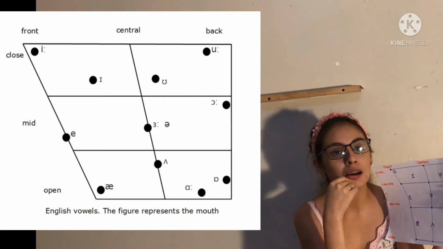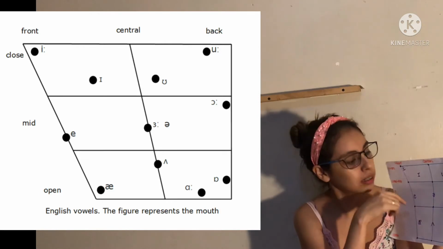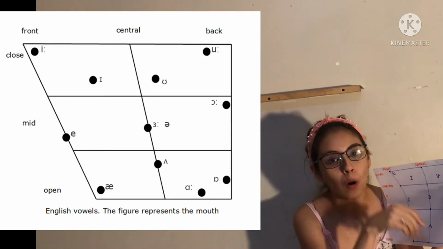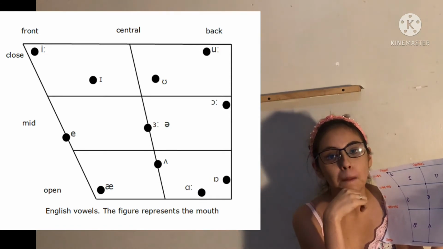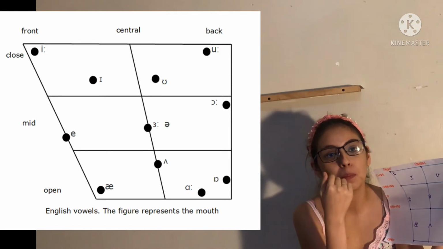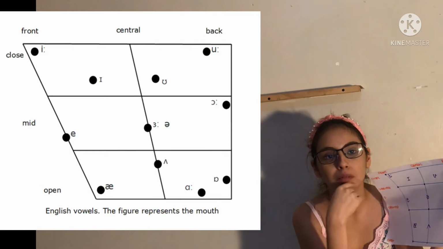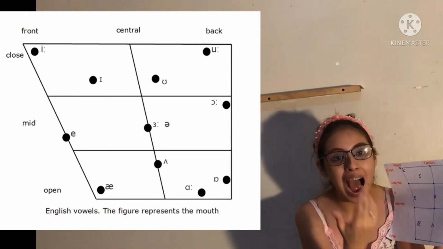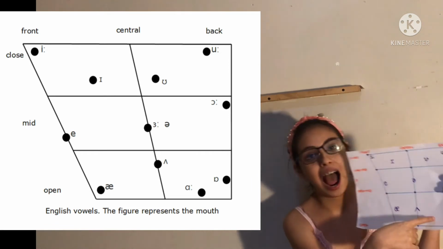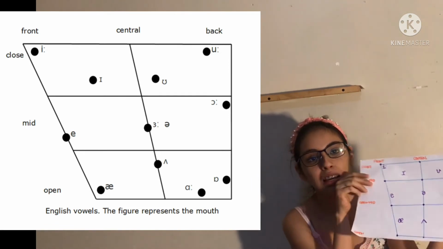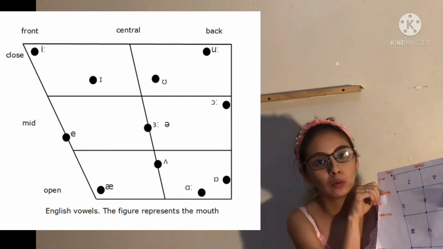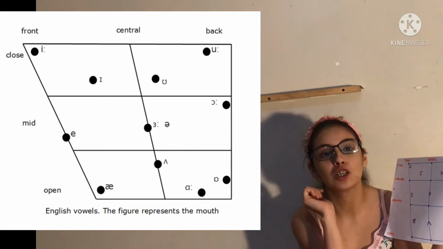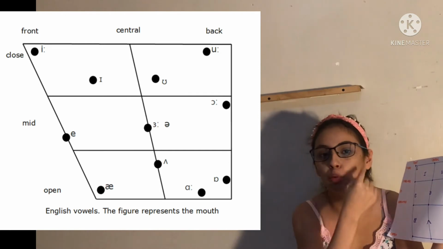The o, the tongue is back and the lips are round. And finally, the one which is upside down. The position of the tongue is back and the open lips are round.